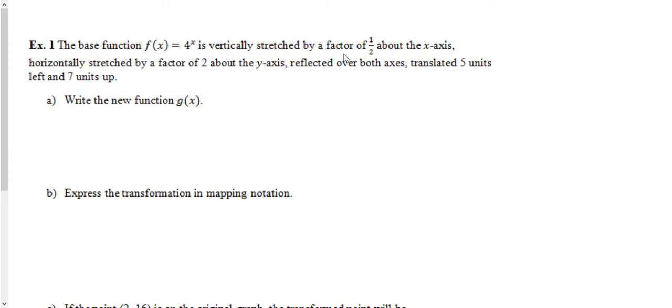So before I write down my function, I'm just going to list off the properties off to the side here. So it says vertical stretch by a factor of 1/2. We have a horizontal stretch by a factor of 2. We also have 2 reflections, so we have a reflection on the x-axis and a reflection on the y-axis.